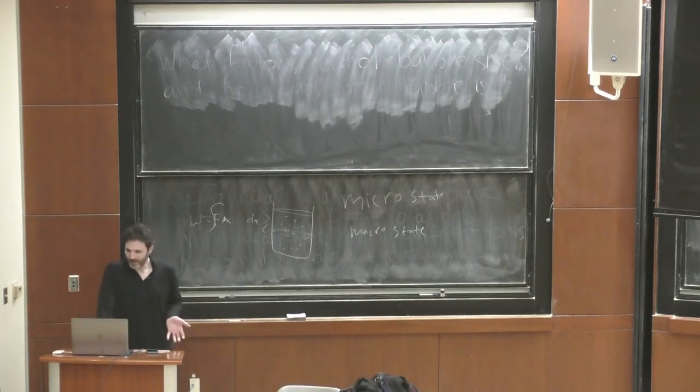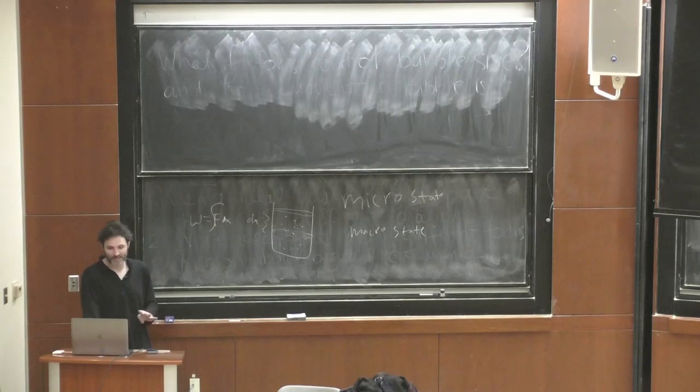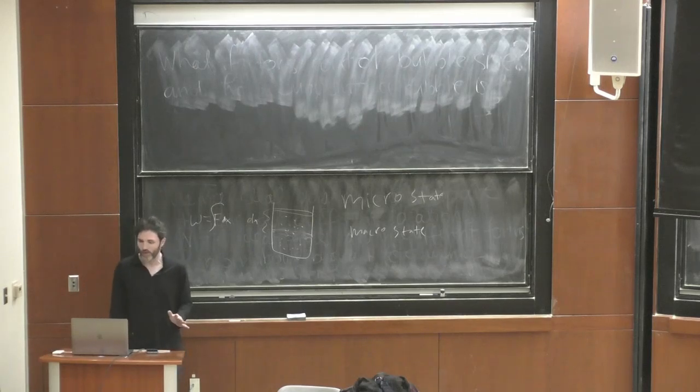So we can use the following model to understand the statistical definition of entropy in its relation to microstates. So let's say we have 4 coins, and each coin has 2 sides, heads and tails. If we toss all 4, we have 16 possible outcomes, 2 to the power of 4.